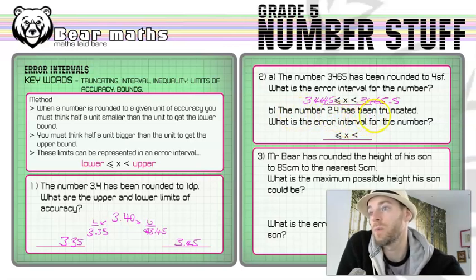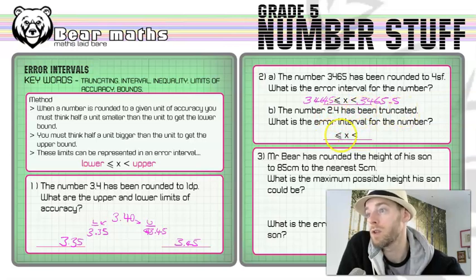The number 2.4 has been truncated. It means it's been chopped off. All the digits after it have been chopped off. What's the error interval for this number? Now, it could have been 2.4. It could have just been 2.40. Could have been 2.41, 2.42, 2.43, anything up to 2.5.